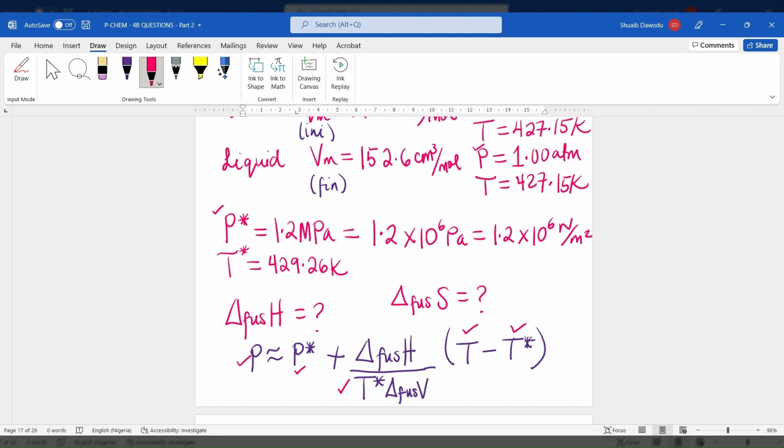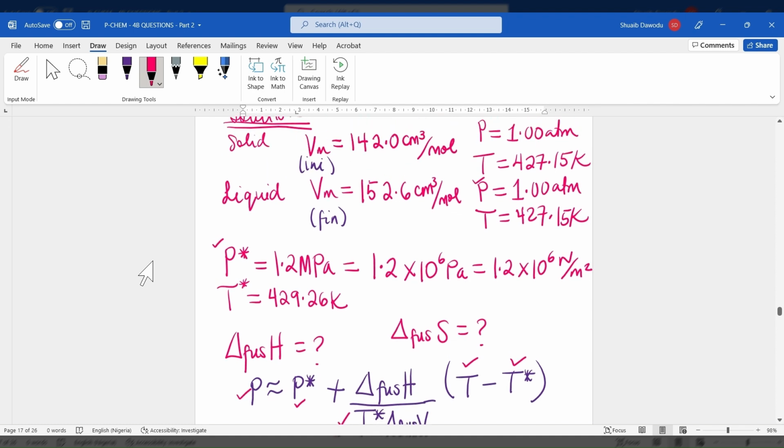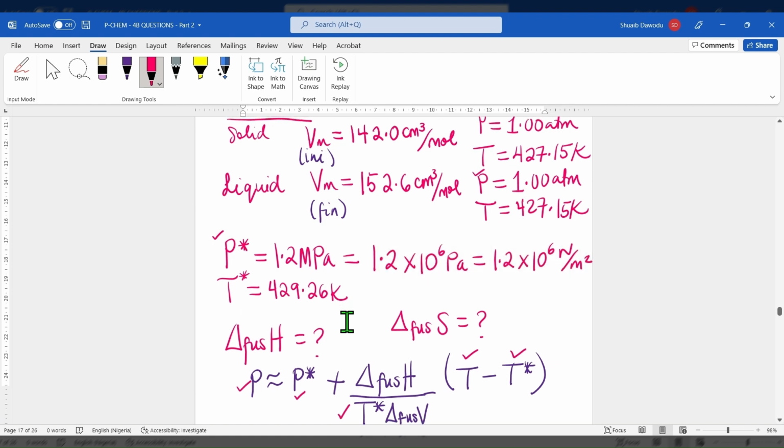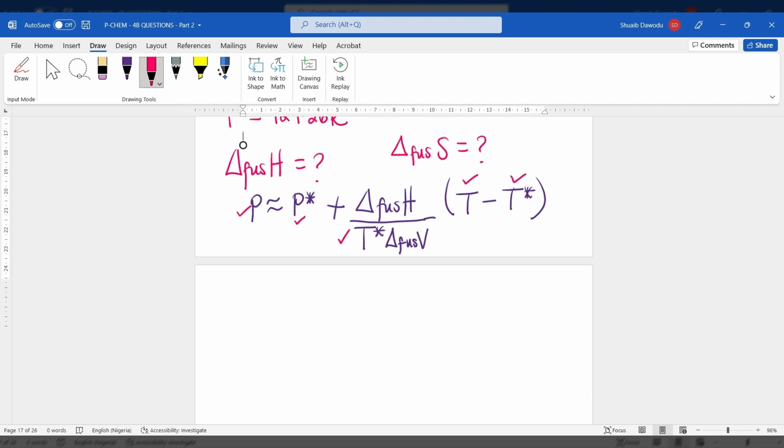The only things we don't have are the change in enthalpy of fusion, which is what we're supposed to solve for, and the change in molar volume of fusion, which you can also call the change in molar volume that accompanies melting. How do we do this? This is not hard because we've been given the initial molar volume before melting and the final molar volume of the liquid after melting. So that's how we're going to solve this.